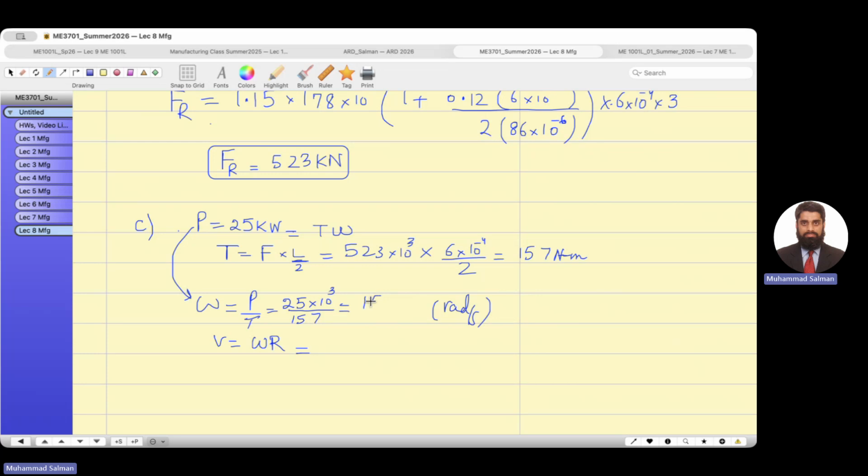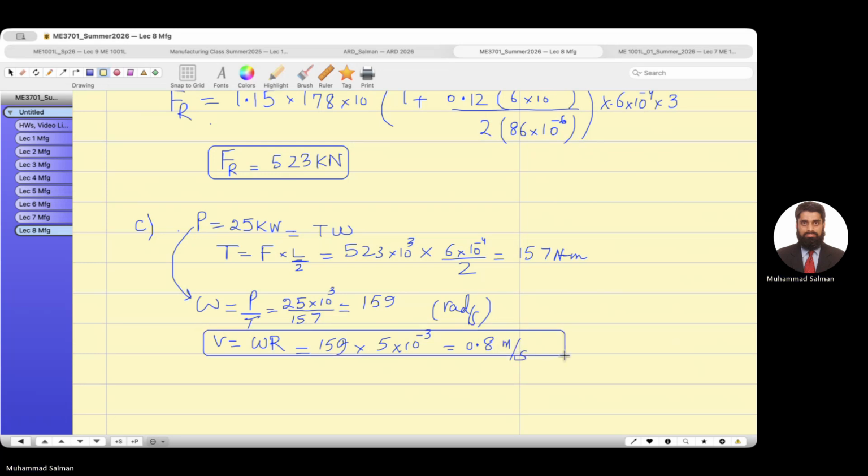You get 159 radians per second. And if you get 159, you will multiply 159 by the radius of the roller, which is 5 millimeter or 5 into 10 to the power negative 3 meters. And you get the tangential speed of the roller is 0.8 meters per second. Please note it down.